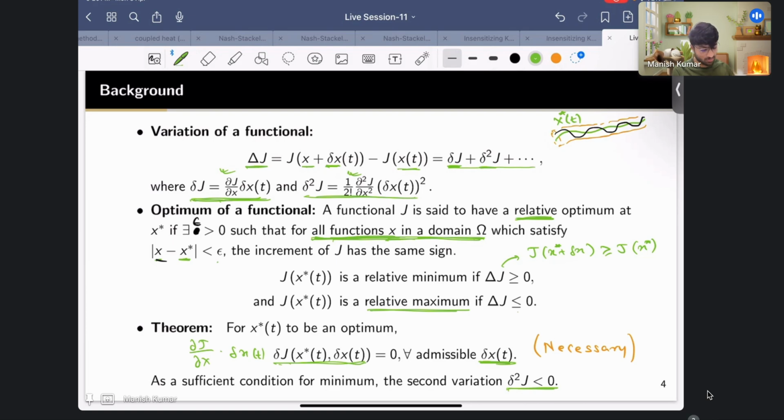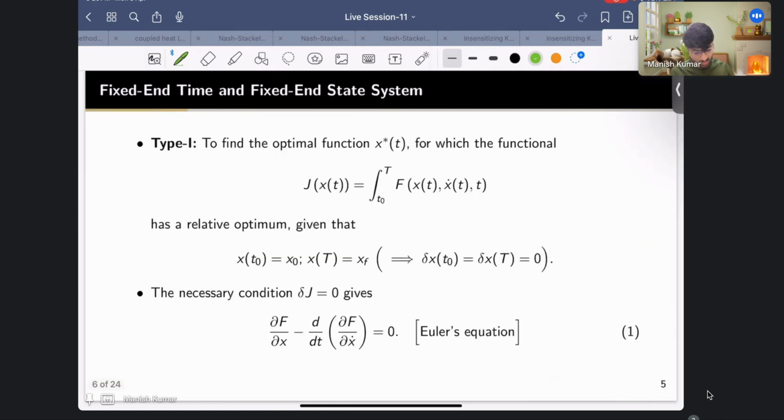I mean you will get x star such that j of x star will have the minimum value. We are not talking about x star being minimum or maximum, we are talking about whether j of x star will be minimum or maximum or not. So this is the theorem.